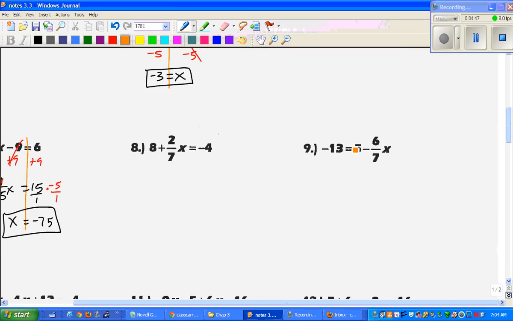All right, number 9. Draw the line down the middle. Okay, same thing as in problem number 5. Right here, that's a positive 5, so to subtract it, and you get negative 18 equals negative 6 over 7x. Okay, I'm going to multiply by the reciprocal.